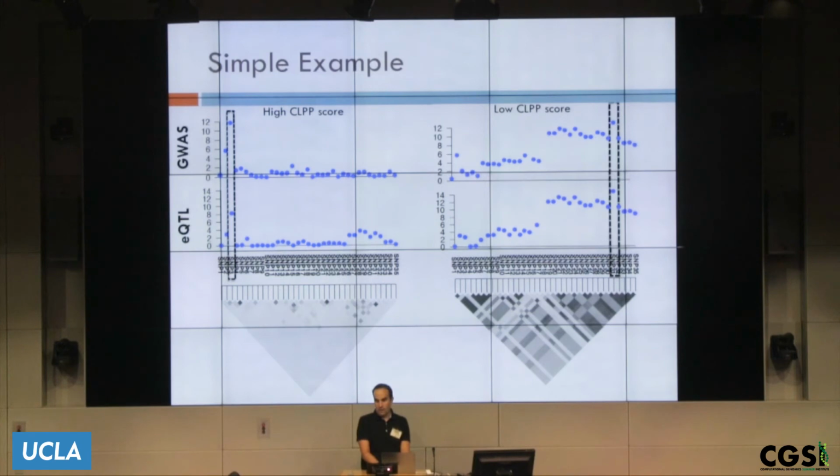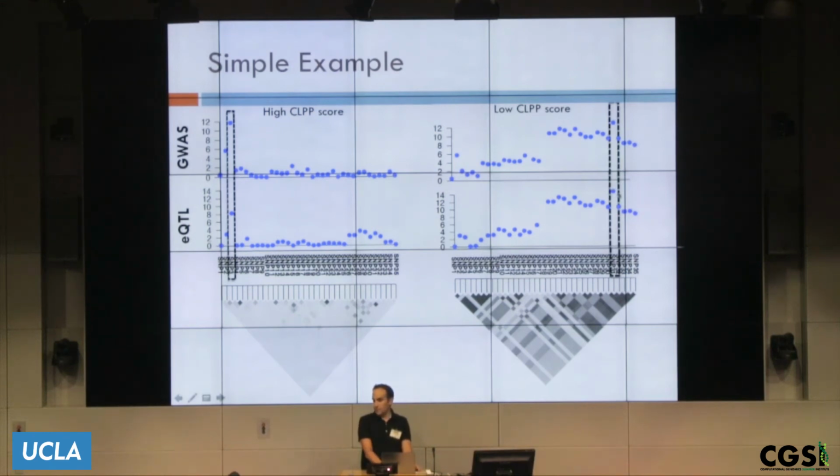Here is a GWAS and an eQTL, and here you have one scenario where the peak SNP is the same for the two, and there's a lot of evidence that this is the actual causal SNP because there's nothing really around it. That really suggests it's the same SNP that affects these two. Here is another example.